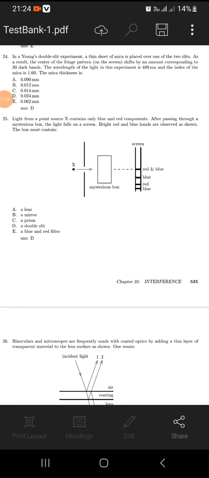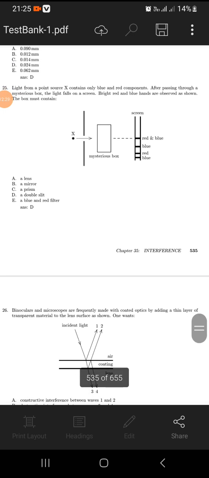The wavelength of the light in this experiment is 480 nanometers, and the index of the mica is 1.60. Therefore, what's the correct answer? The answer is 0.024.